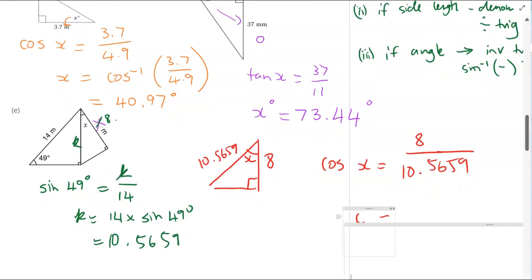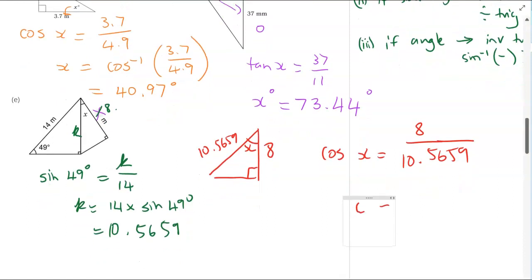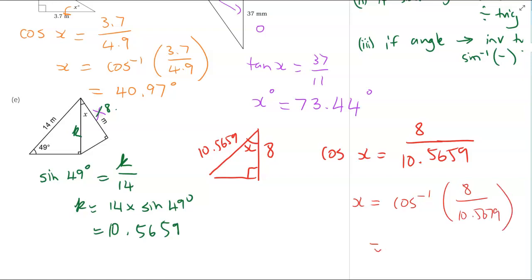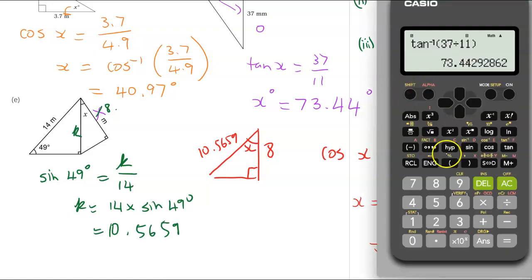Yeah, you can just do inverse cos of your 8 divided by the answer. So x equals inverse cos of that number. So 40.79.